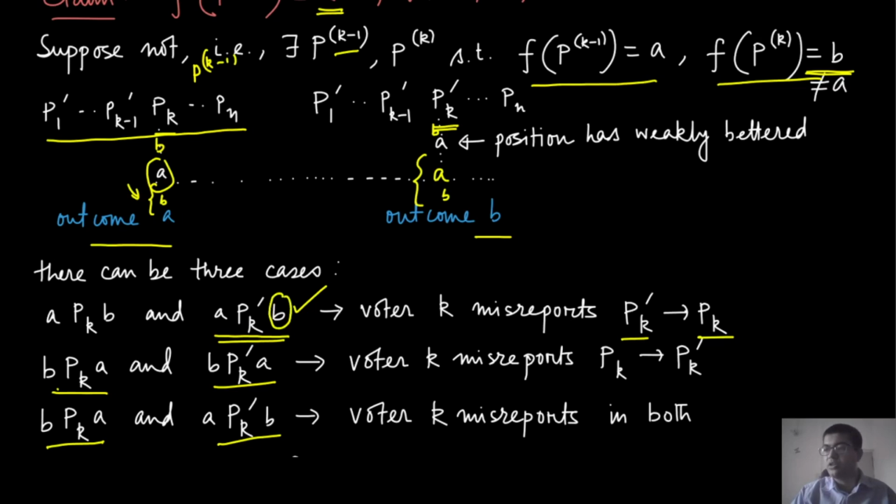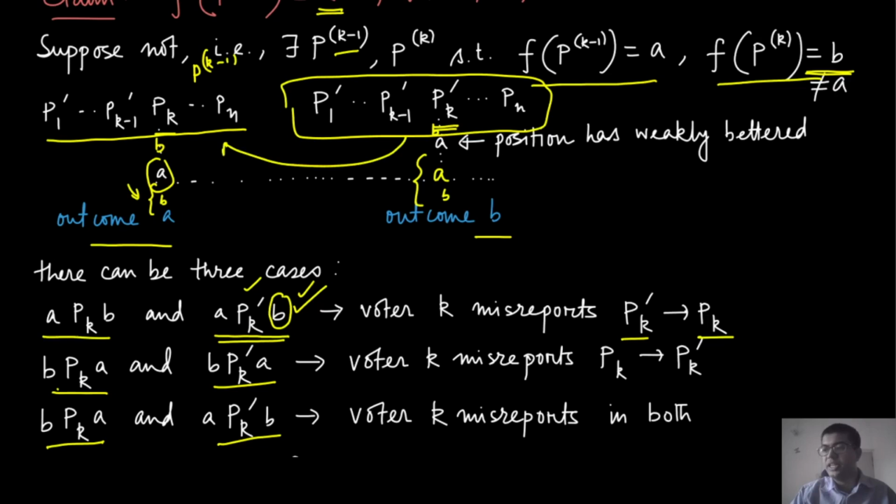So when player K reveals his pk prime truthfully, he gets an outcome B which he prefers less. But if he reveals pk by unilaterally deviating from here to here, then the outcome will become A, which he prefers more than B. Therefore, voter K will definitely misreport.